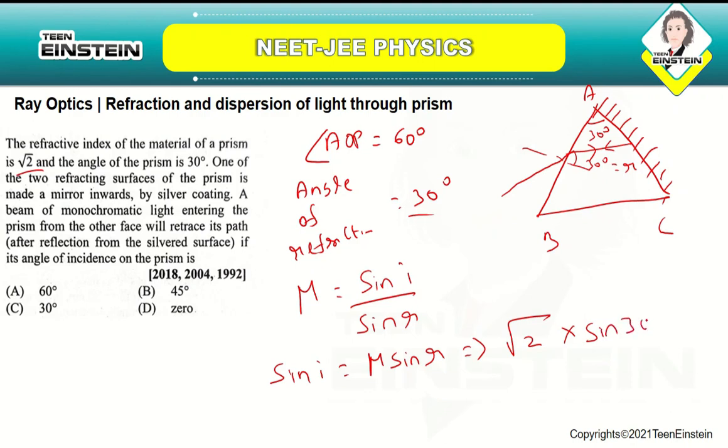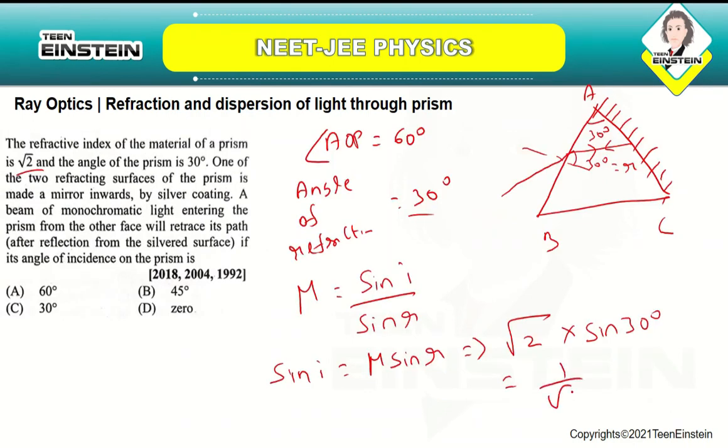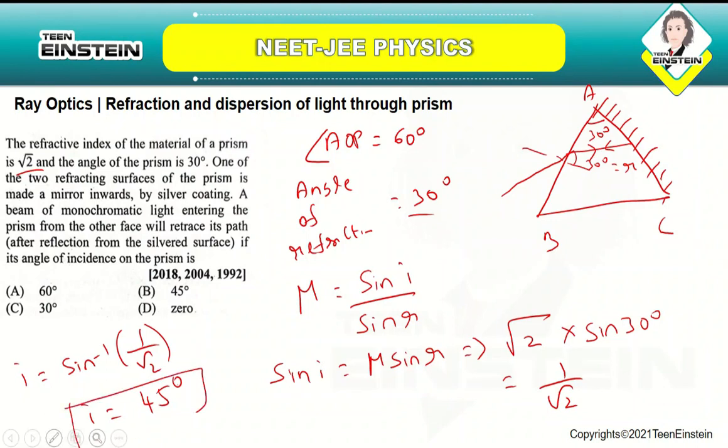So, sin 30 degree. So, when you solve this, you will be getting it as 1 by root 2, or i is equal to sin inverse of 1 by root 2, which is equal to 45 degree, because sin 45 degree is 1 by root 2. So, the angle of incidence will be 45 degree. So, here what happens is a beam of monochromatic light entering the prism from the other face will retrace its path when the angle of incidence is 45 degree. So, the correct answer is option number B.